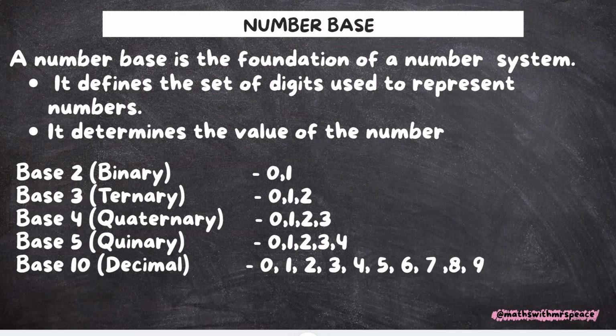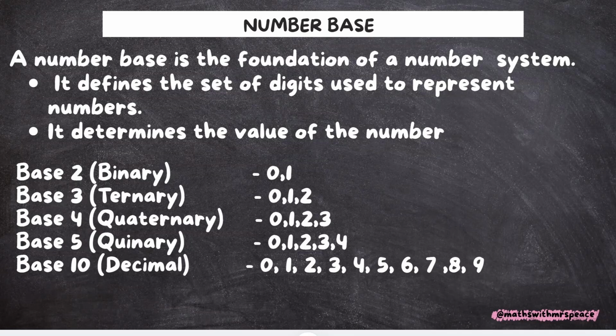For base 3, the set of digits that you can use to represent numbers are 0, 1, and 2. For base 4, we have 0, 1, 2, and 3. Base 5, we have 0, 1, 2, 3, and 4.